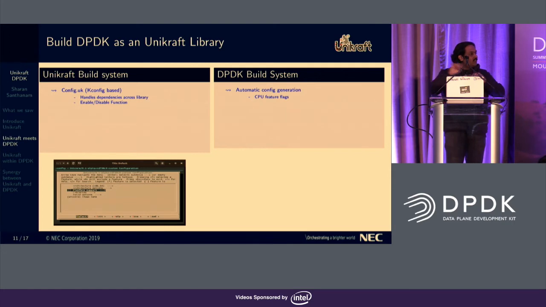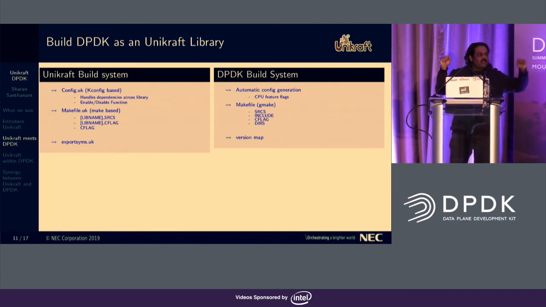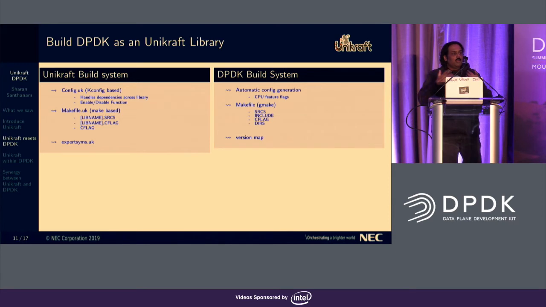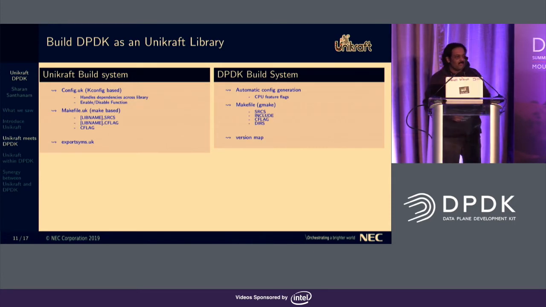Apart from that, there was a set of CPU flags which were generated at compile time, and we added those into Unikraft to support that also. Then there is a need for translation between DPDK variables and Unikraft variables. The final part was visibility between the two projects: which functions are globally available and how to mask them between libraries. We had something like export syms, and DPDK had something like a version map, so that was a one-to-one match.